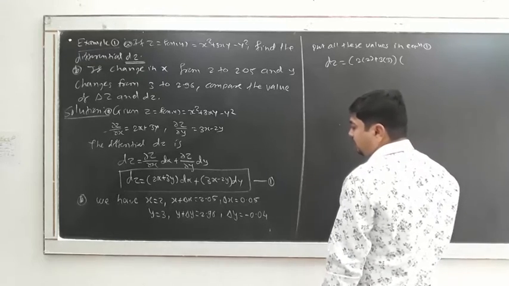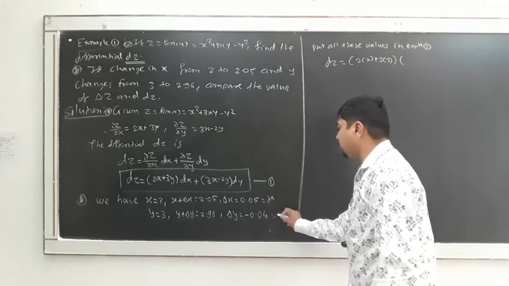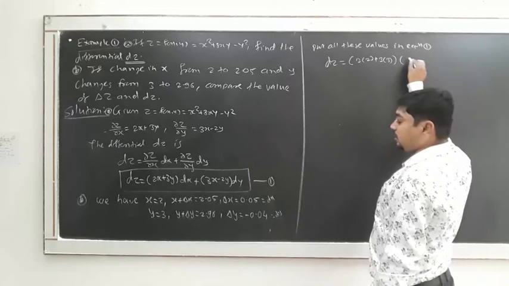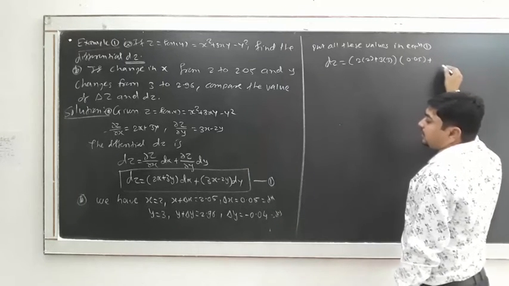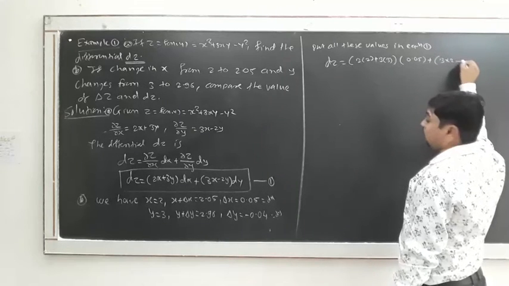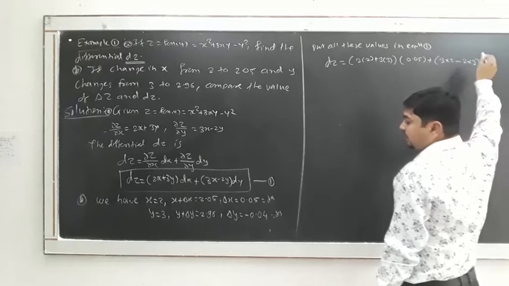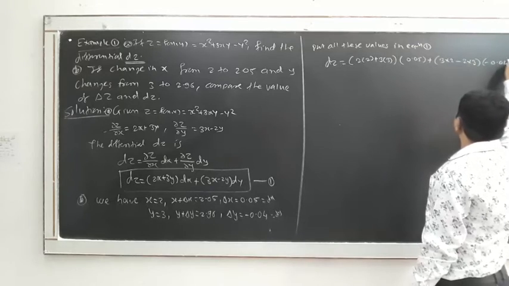Therefore we can write dx as 0.05, and dy is nothing but minus 0.04. So it is 0.05 plus 3 into 2 minus 2 into 3, into minus 0.04.